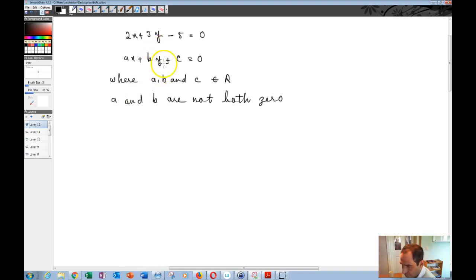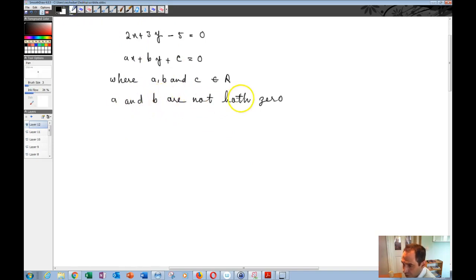One of them can be zero, and you would still have a linear equation in two variables in which one of your variables is, for example, 0. But if both of them are 0, then you will essentially have c is equal to 0, and that would not be a slanted line.